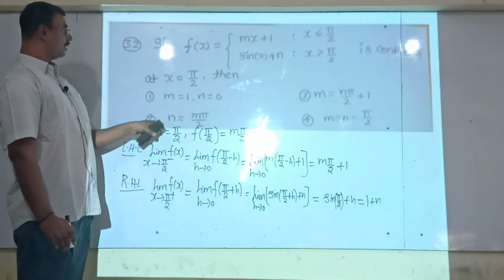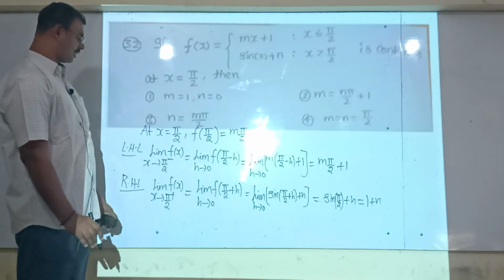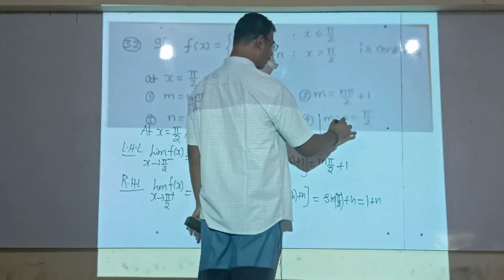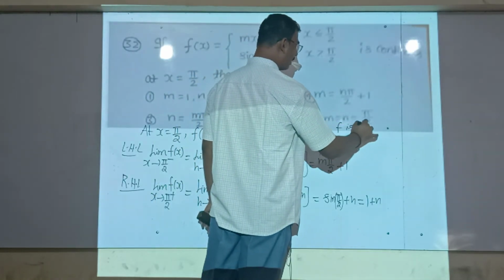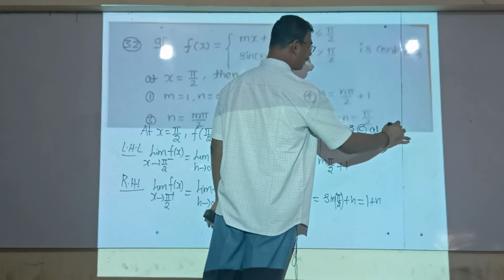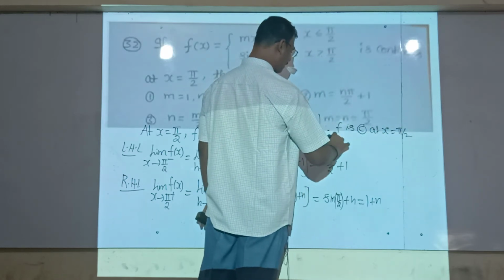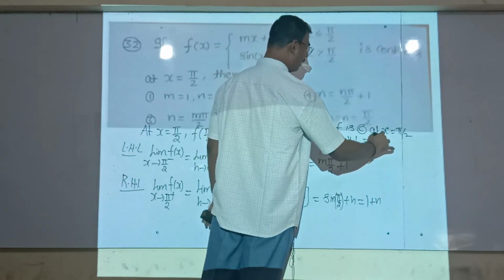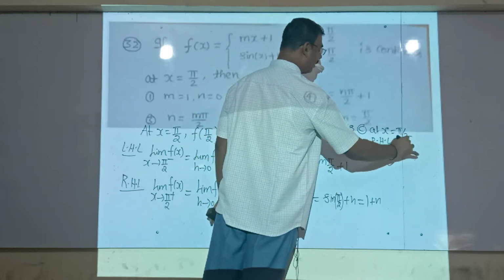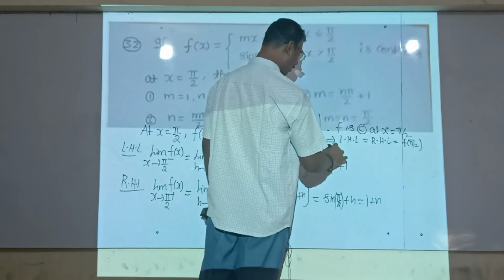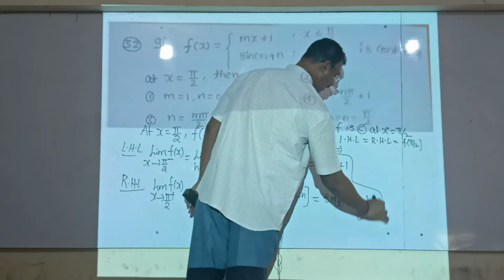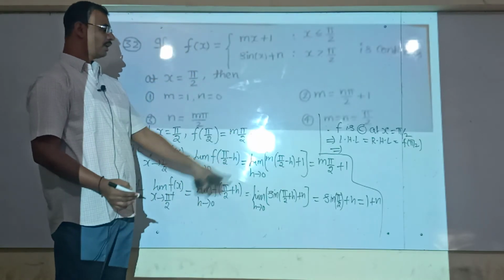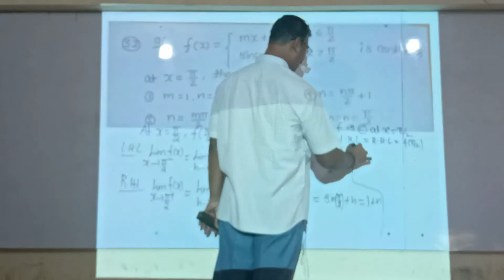Since f is continuous at x equal to pi by 2, this means the left hand limit is equal to the right hand limit, which is equal to f of pi by 2. The left hand limit we got is m into pi by 2 plus 1.